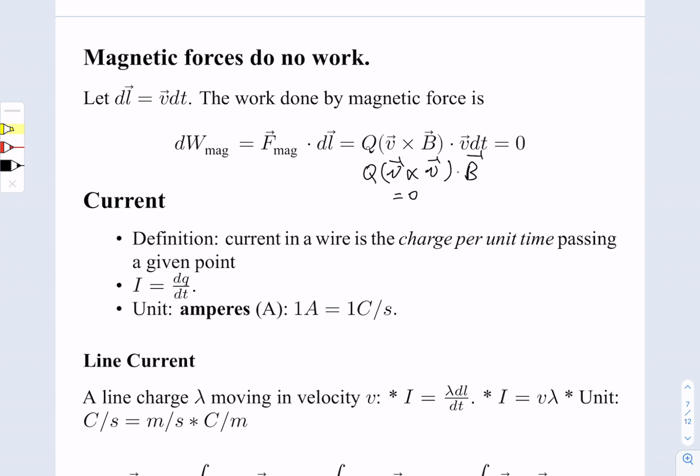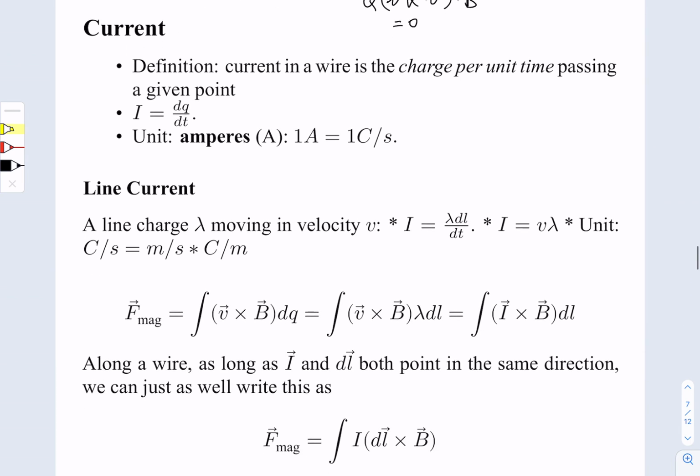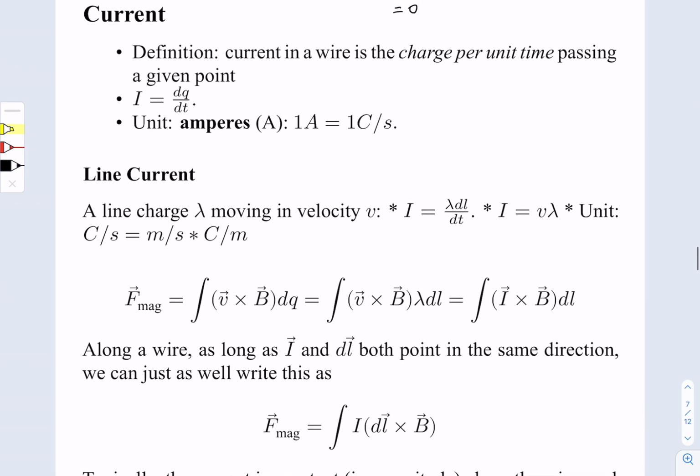Now here I haven't given you the definition of current yet. For current, we should think of it as the change of charge per unit time passing a given point in your wire.